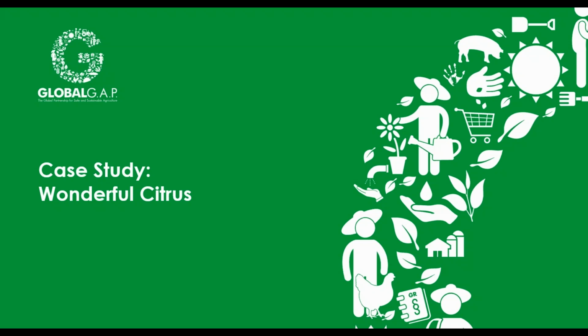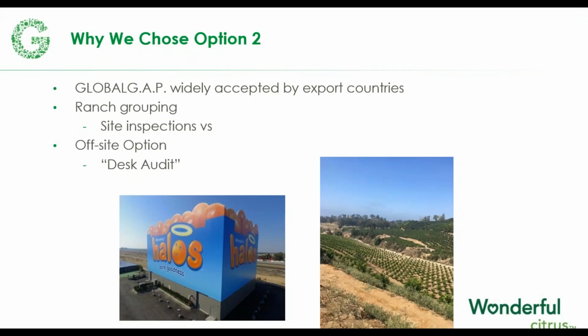Let me share with you a little bit why we decided to go with option 2 over option 1 or another audit scheme. There was a much more widely accepted and much more interactive process with our buyers whenever we have been able to provide a GLOBALG.A.P. certification.